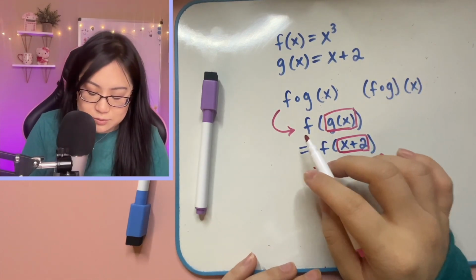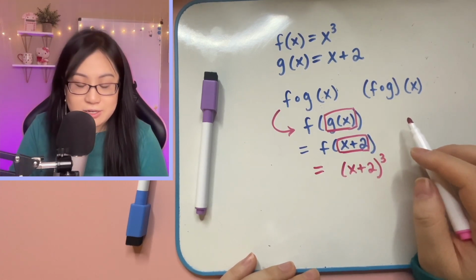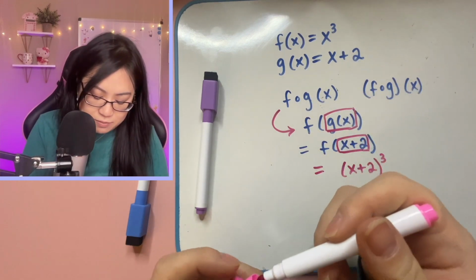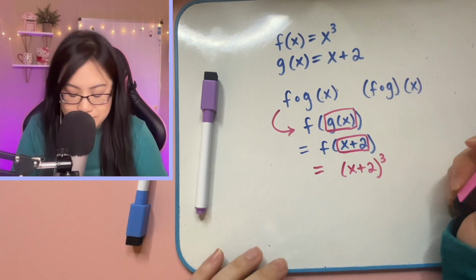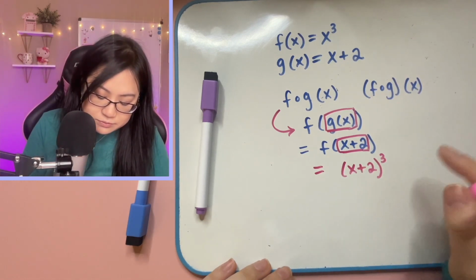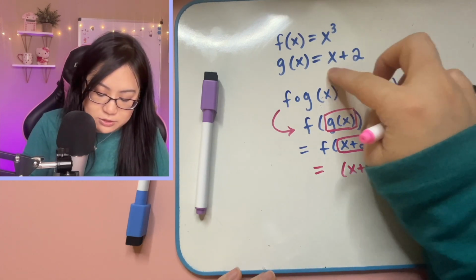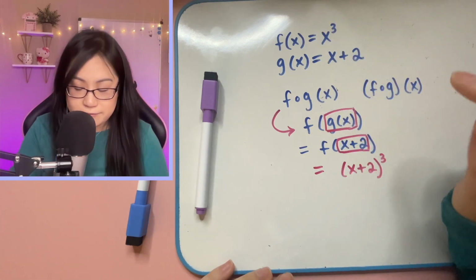That would correspond to the rightmost function, and then you just move one function at a time leftward. We'll add one more function here and work through that example, but that's the general idea. So you're just taking x plus 2 here and putting that as an input into f.